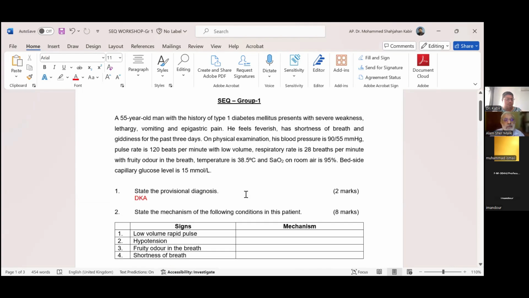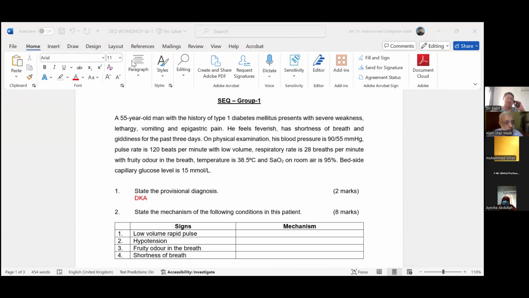Now it's open for everybody. Anybody want to comment on that? The problem with such types of questions is that they are sequential, and when they are sequential, marking is going to be difficult. If the student gets the diagnosis wrong, but the signs are given and they can explain them on the basis of pathophysiology, they would still pass the question.